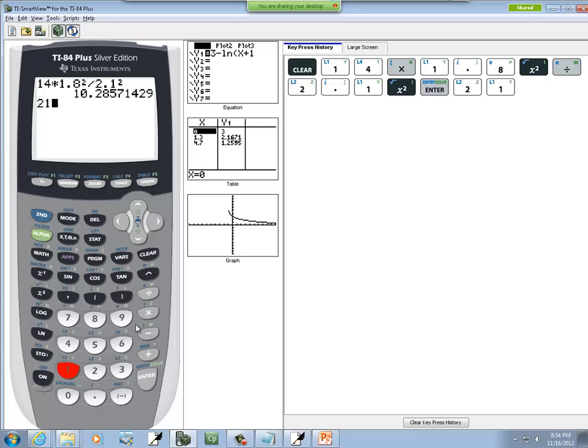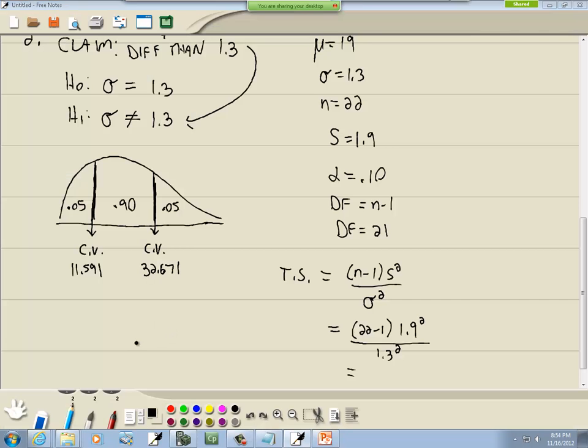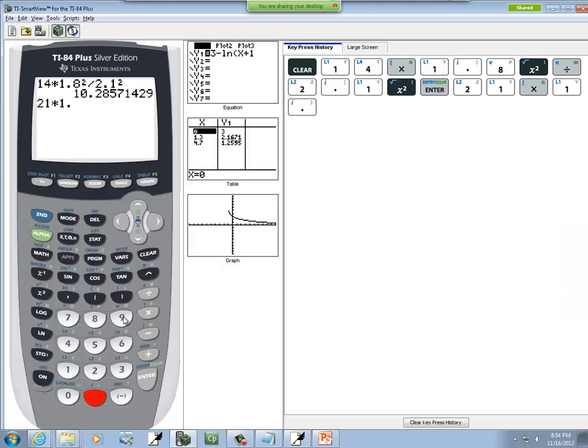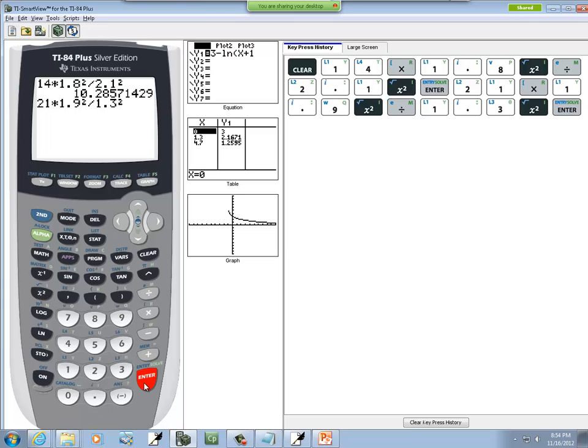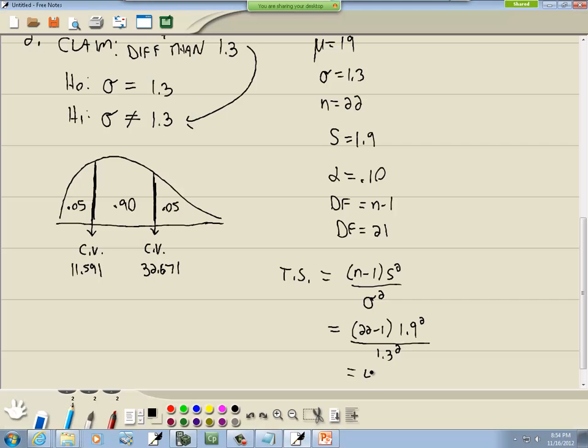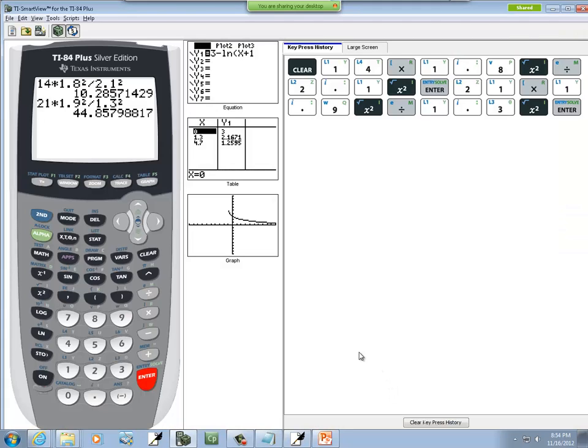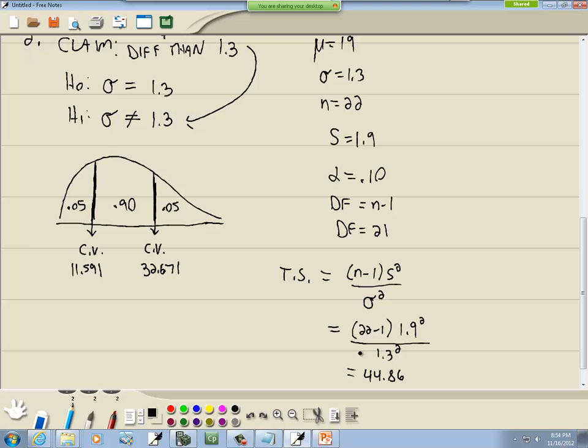So we got 21 times 1.9 squared divided by 1.3 squared. And we get 44.86. How many decimal places? I don't know. Start with 2. See where that leads you. If they're nowhere close to your critical values, then it doesn't matter.